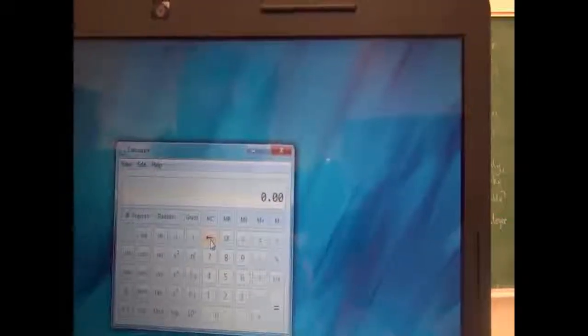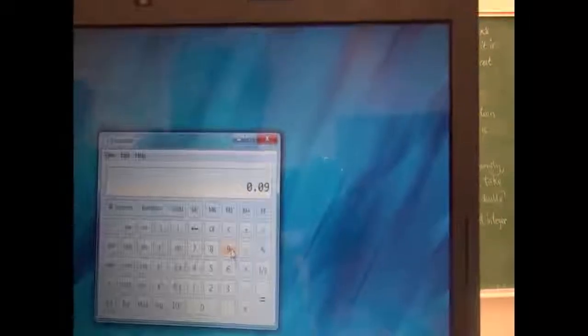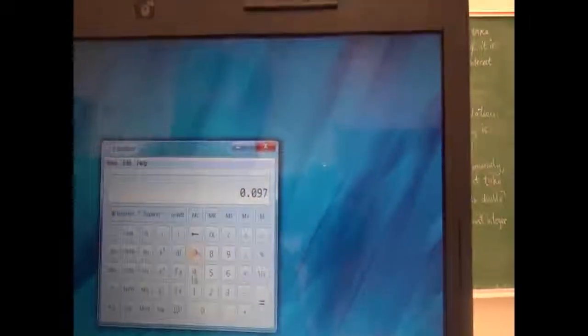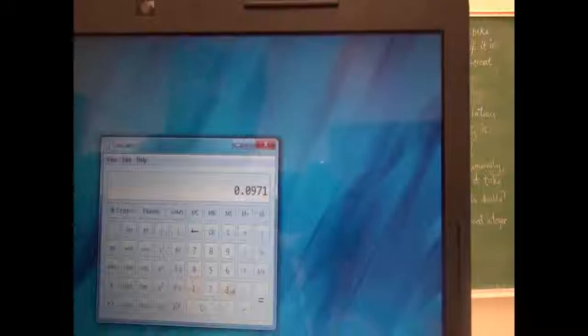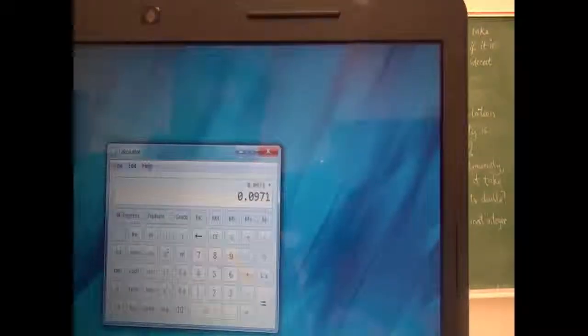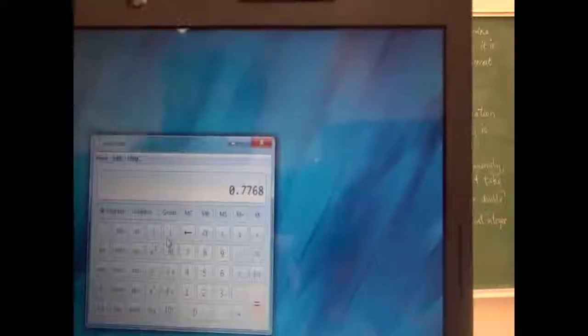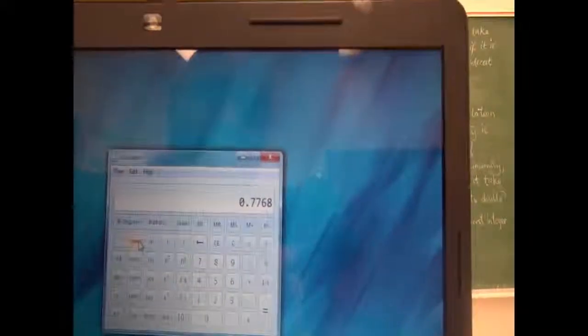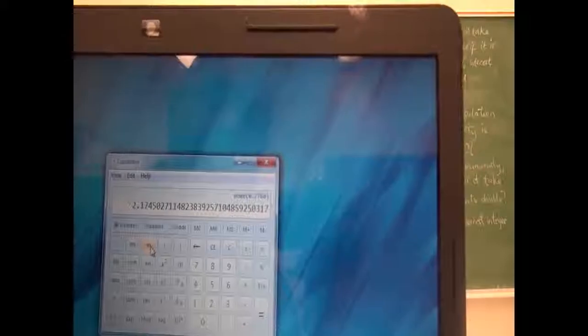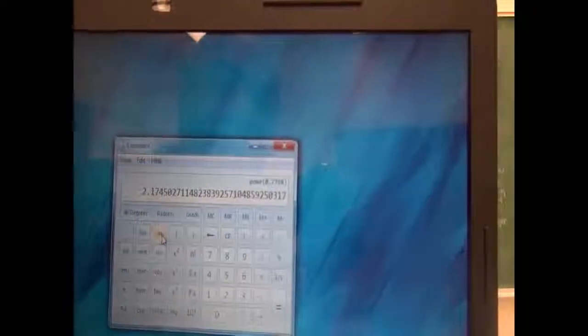Let me go back. 0.0971 times 8. Okay, equal to this. Then I'll press inverse, and I'll press E to give me that. Give me 2 point this.